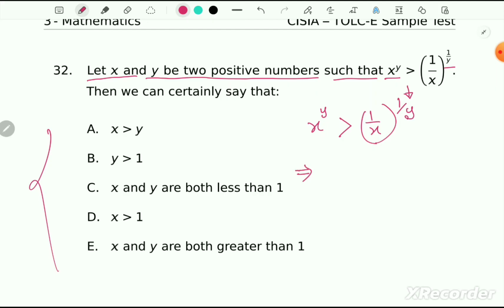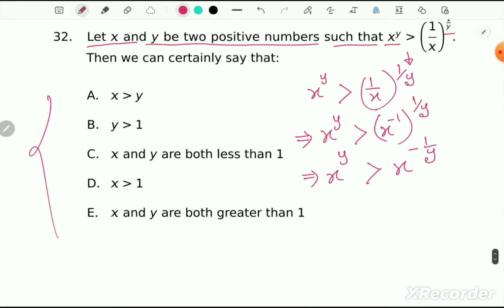Next line, we can write this way, x^y and 1 by x, you would agree with me if I write like this, 1 by x equal to x inverse. Okay, now we can write x power y greater than x power negative 1 by y. I hope you don't have any problem with that. Just power and power we multiply.